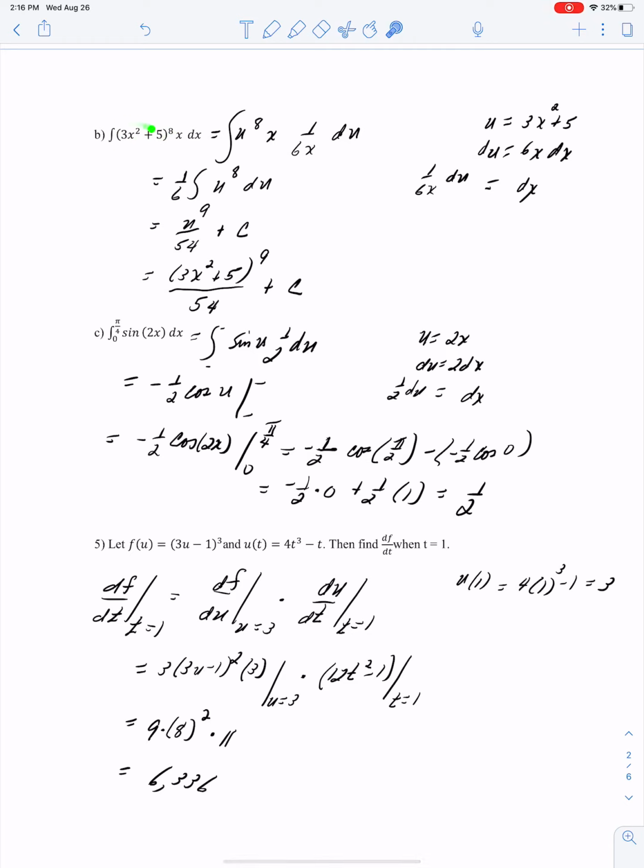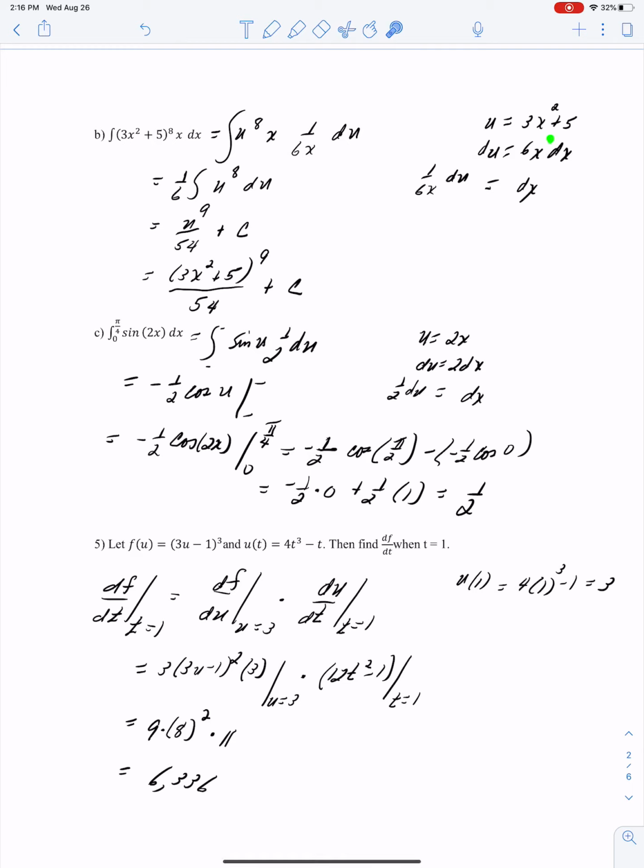What's the inside? 3x squared plus 5. There's your hint. u is 3x squared plus 5. u is always the inside function where your function composition is happening. So if u is 3x squared plus 5, du is the derivative of that, which is 6x dx. And I want to encourage you to keep the dx. It makes a difference. Don't drop it.